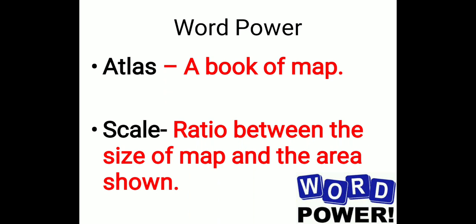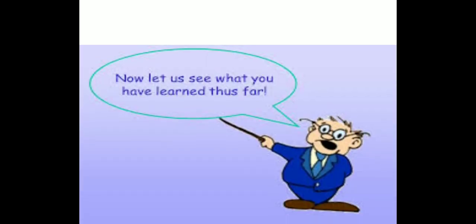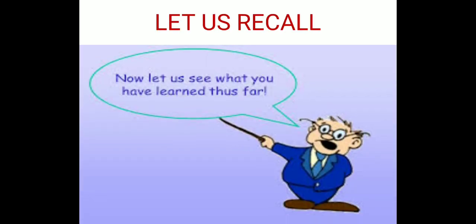If we want the exact definition of scale: scale is the ratio between the size of the map and the area shown. Let's do a recall. Now let us see what you have learned so far.